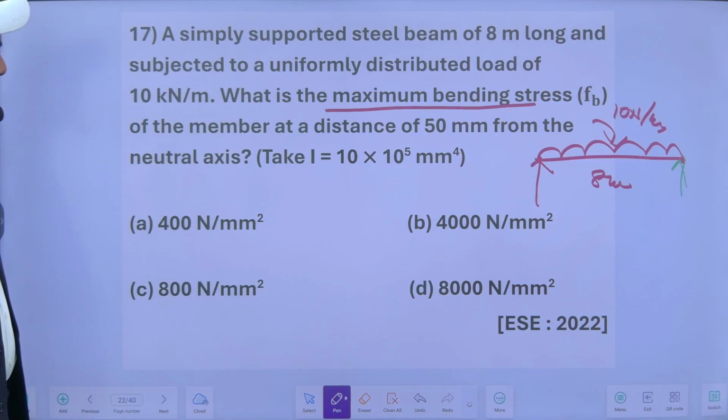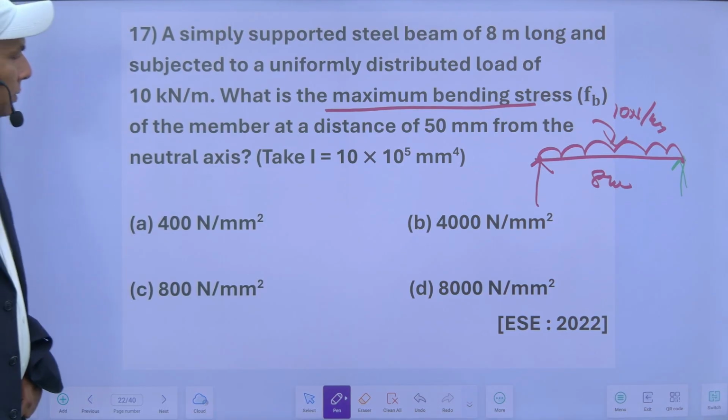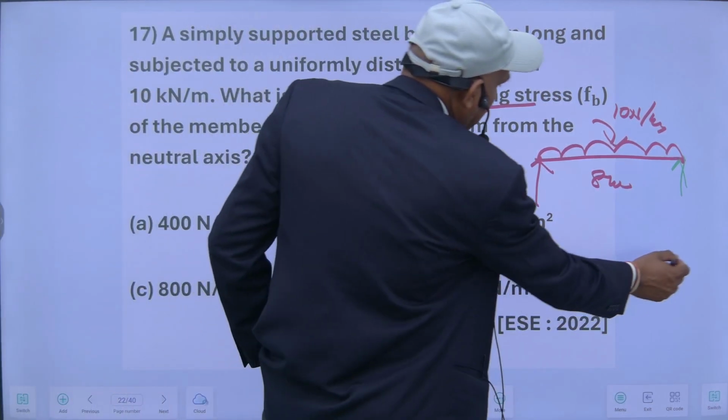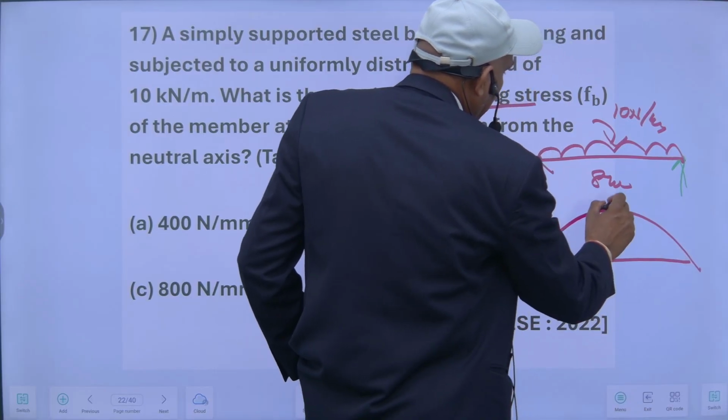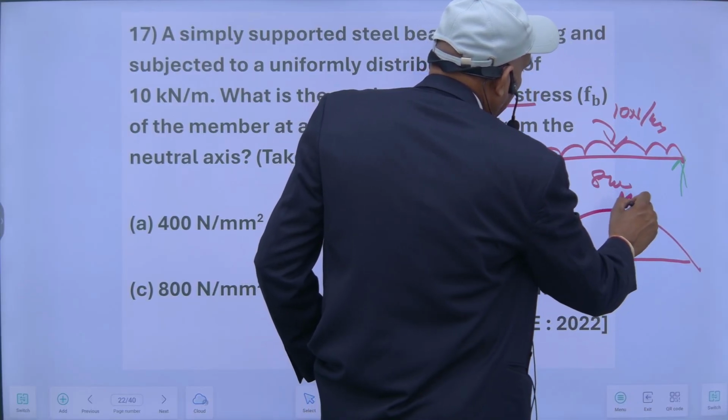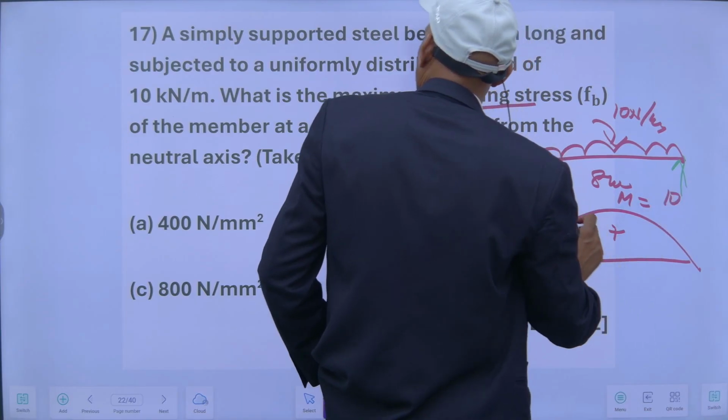Maximum bending stress. In this case the bending moment will be M is equal to WL square by 8.